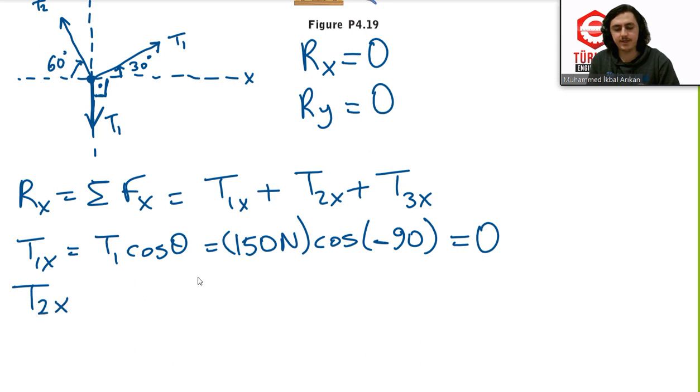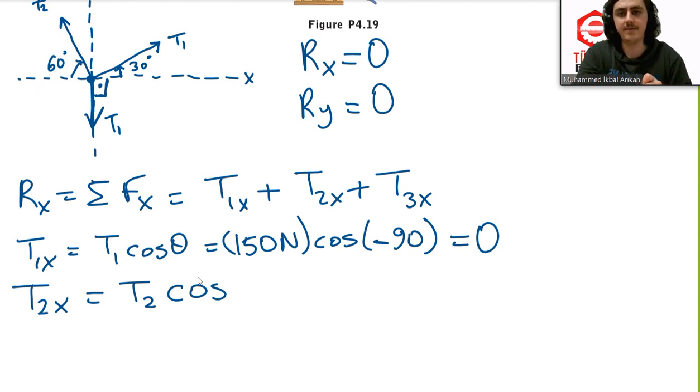What about T2x? T2x will be equal to T2 multiplied by cosine of this angle. But I will not take this angle, because my initial point must start from the positive x-axis. So I will start from here to reach there.